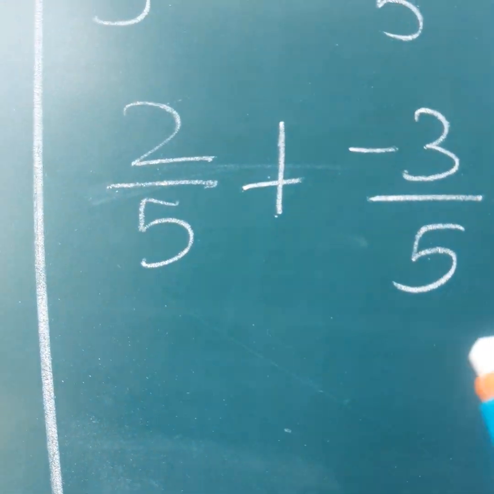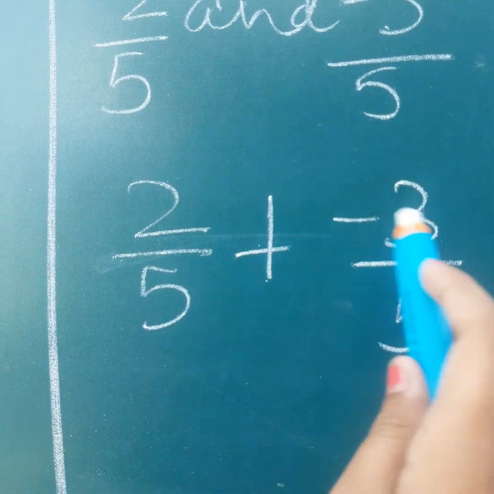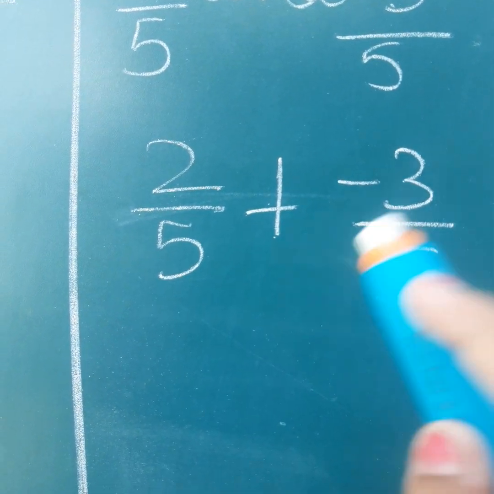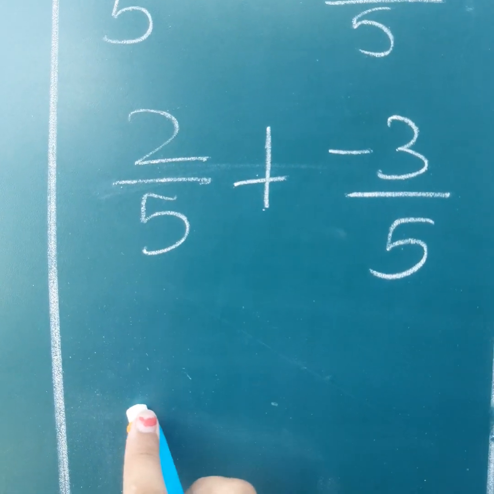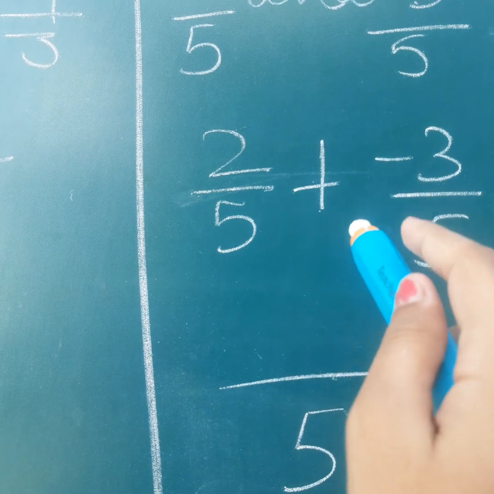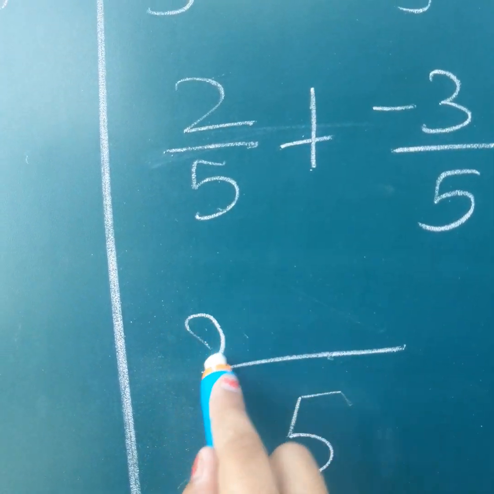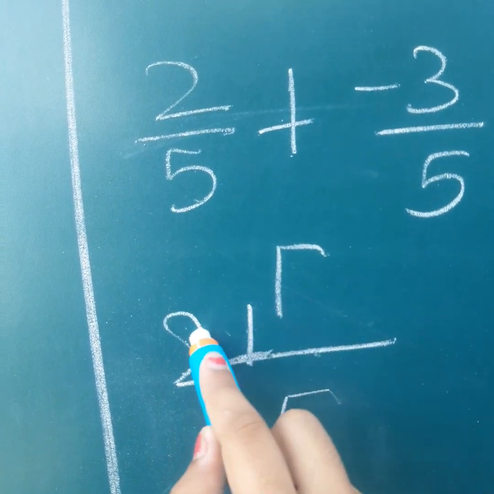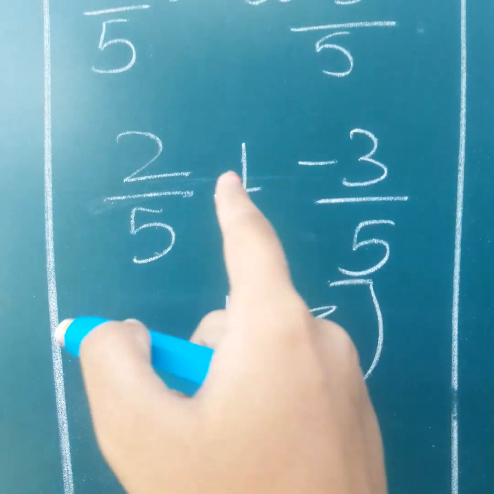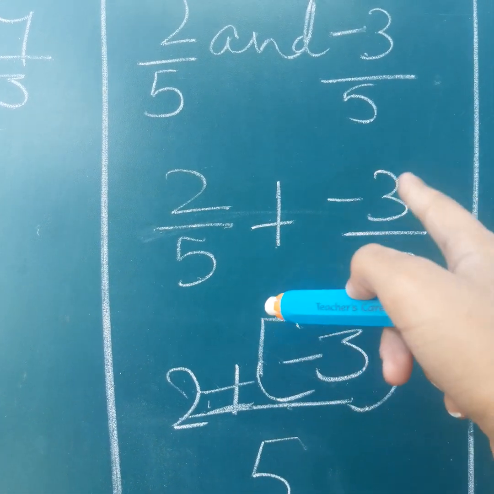In this question we have first written both terms as they are, and after that we have to take the LCM of both denominators, that is 5. So what does it come? 2 plus bracket minus 3.